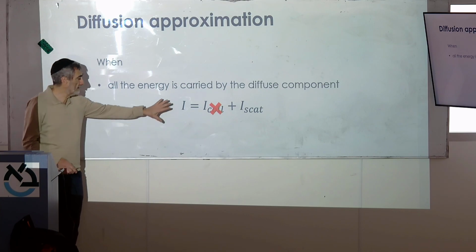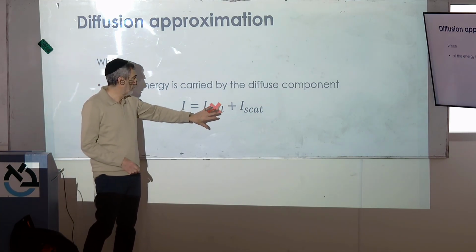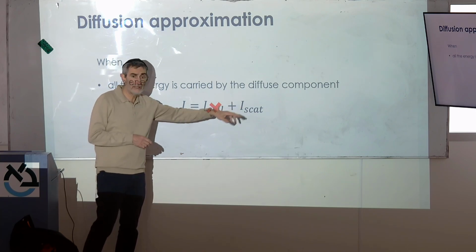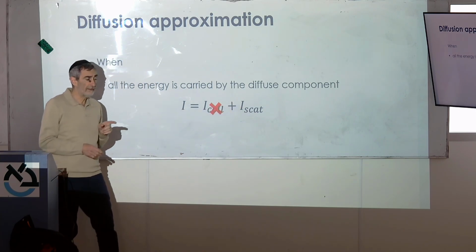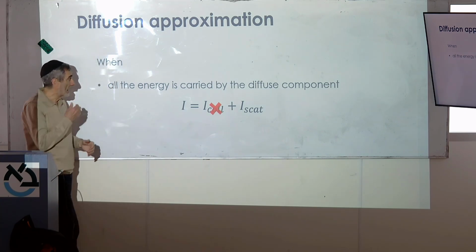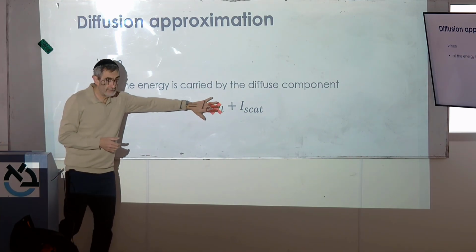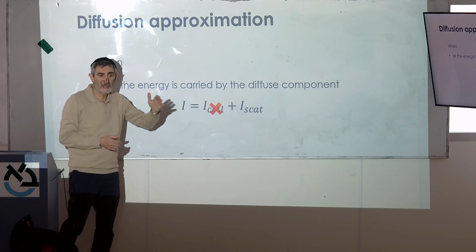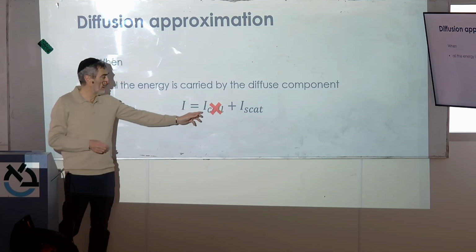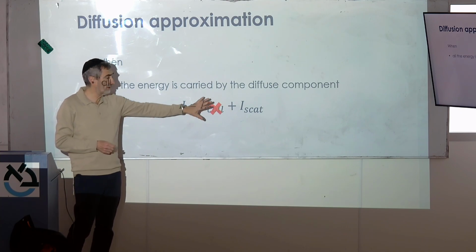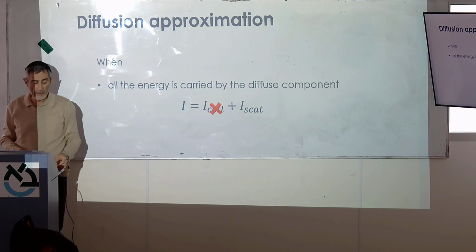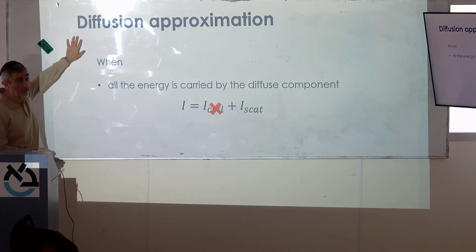You remember, the intensity was the sum of the collimated intensity, the ballistic light, plus the scattered light. So you have the direct light, and part of it is scattered. After some distance, this term completely disappears, on the scale of l_s, the scattering mean free path. After a few scattering mean free paths, you can forget about this term, and mostly the light is scattered. And that's the regime that we are going to consider here.